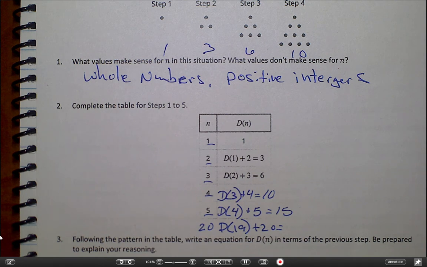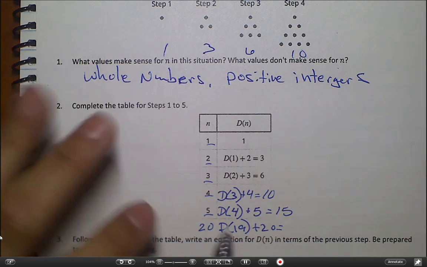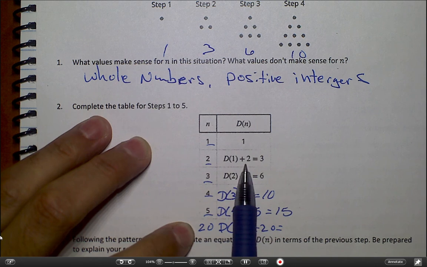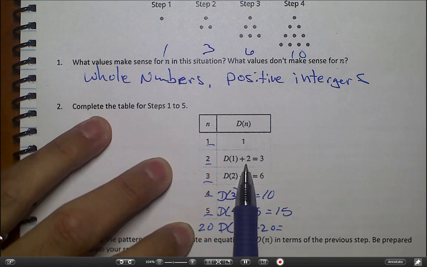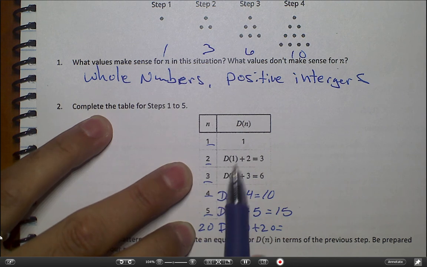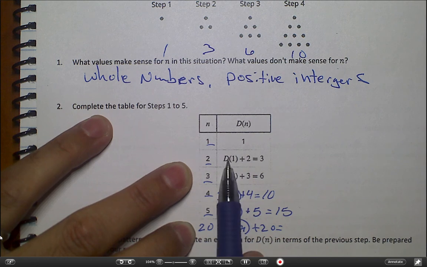Do you guys see the pattern on this now? So the term is the same as what I'm adding, isn't it? But then for this one right here, I have to add it from the previous one, right? So the answer from the previous one, which is my D of 1, right? Yes?